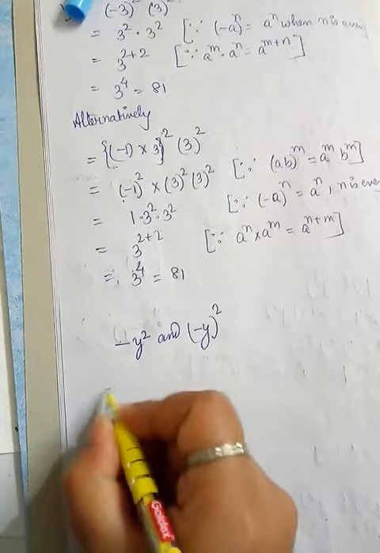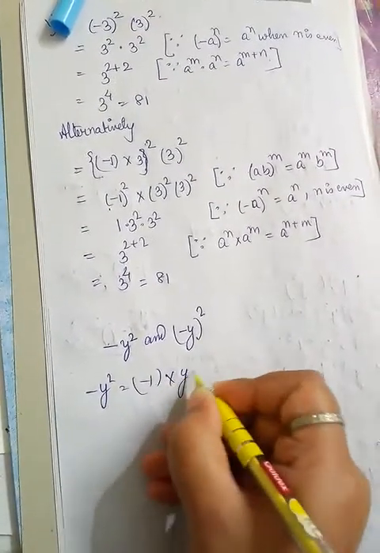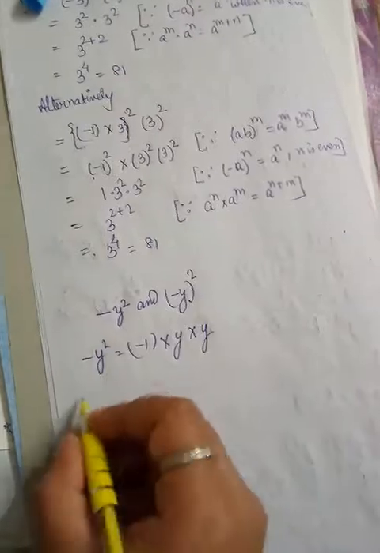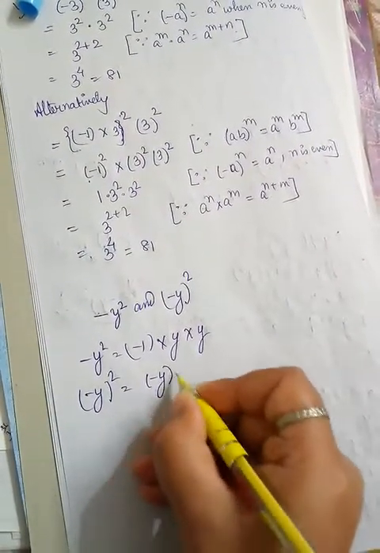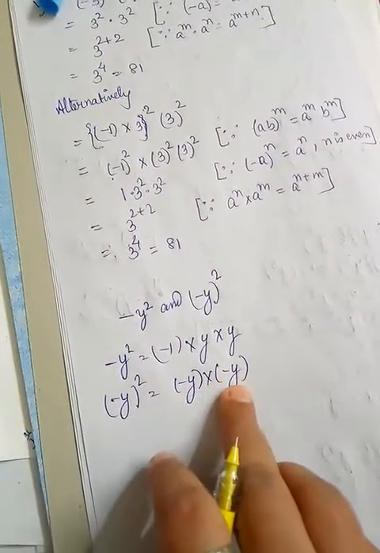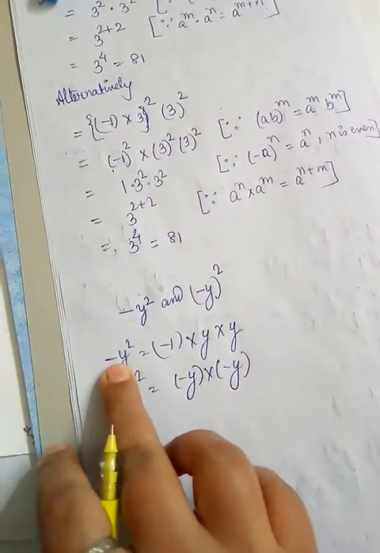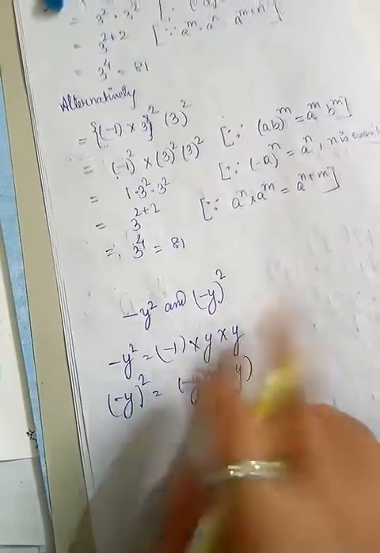When I am writing minus y square, this means minus 1 into y square. But whenever I am writing minus y whole square, this is equal to minus y into minus y. There will be two minus y's, but when I am writing minus y square, that means minus 1 into y into y, not minus y into minus y.